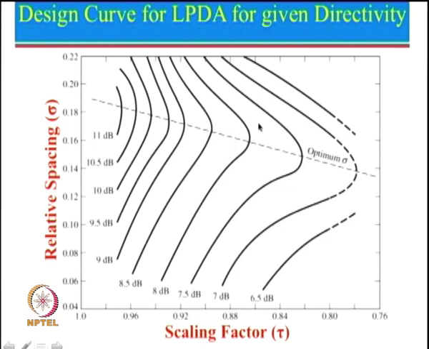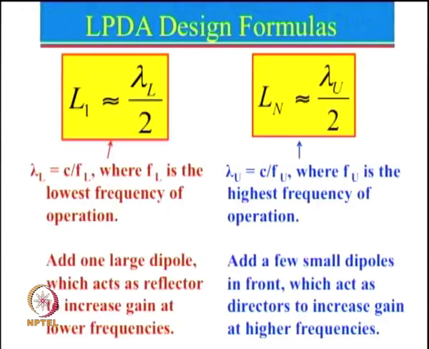So why does this optimum come? I want to emphasize what is happening by moving along this: both tau and the space factor are changing. I will just go back to the figure again.